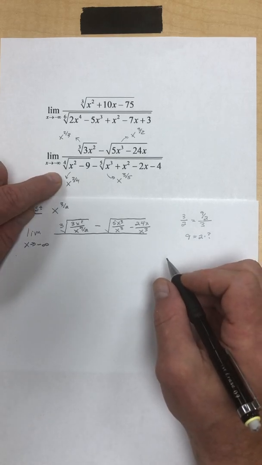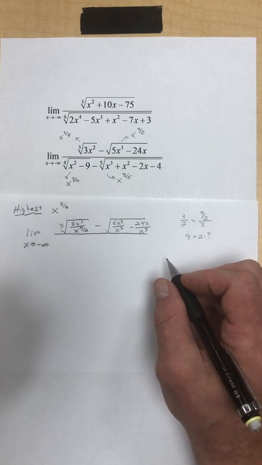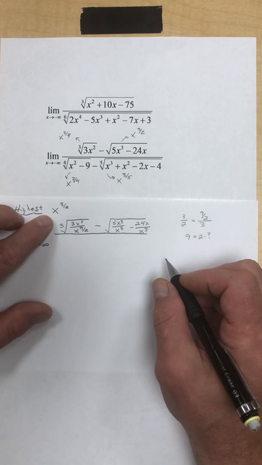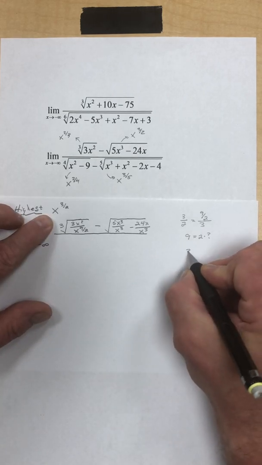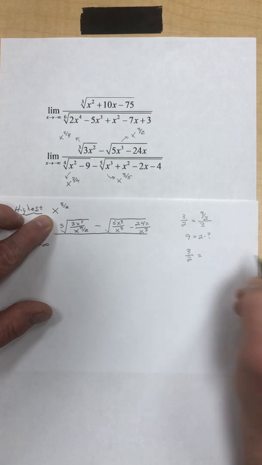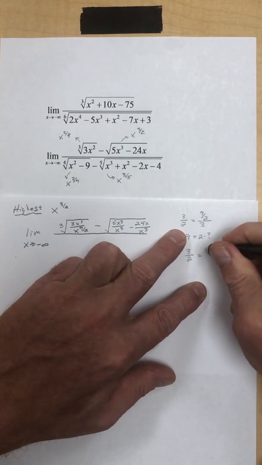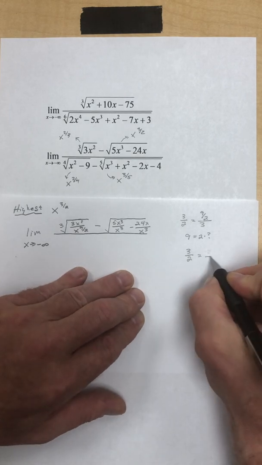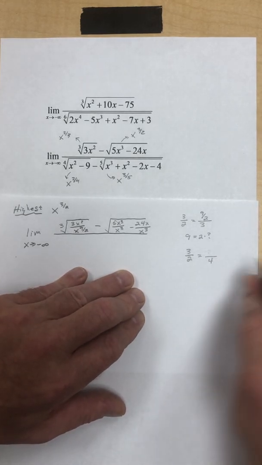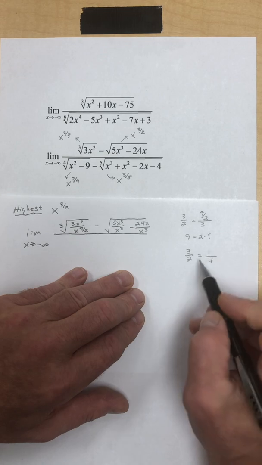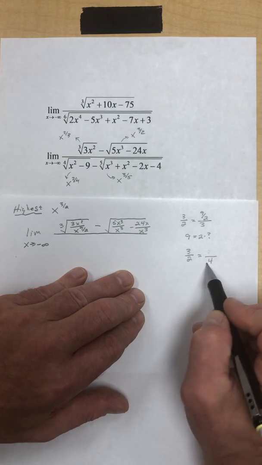Now we come down here. I have x to the 2/4, and I need to divide by x to the 3/2. So once again, we look at 3/2. How do I change that into fourths? This one's easy because all I've got to do is multiply by 2.